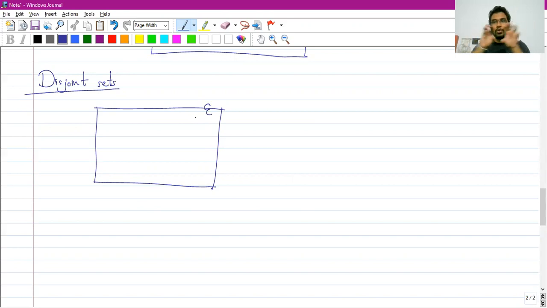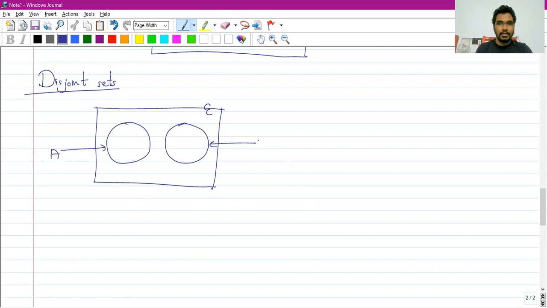Those are not joined, those are disjoint. So we can say these two sets are separate. This is set A, I will take it as set A, and I will take this as set B. So you can see these two sets are disjoint.